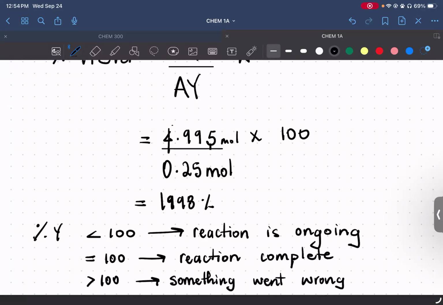None of these percent values are inherently wrong. They just tell us something about the experiment. So occasionally you might get percentages of almost thousands of percent. It's not that you did anything wrong. Again, it's just a reflection of the equation, of the reaction at hand.